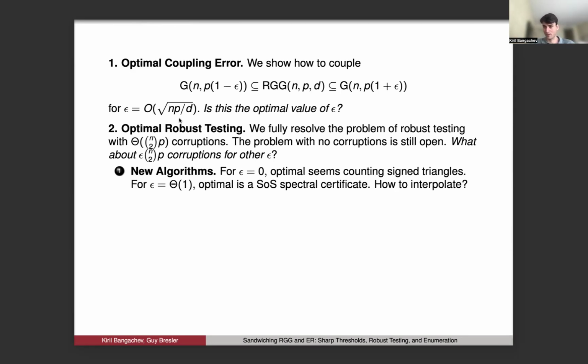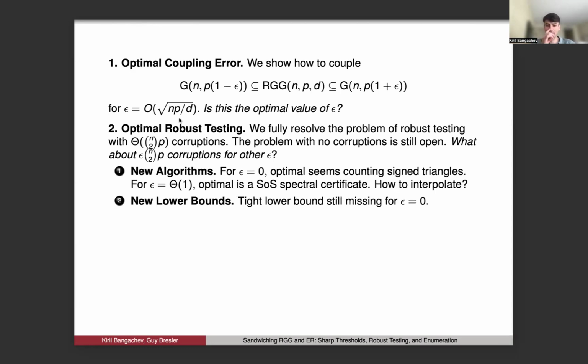But how do we interpolate between those? What if epsilon is 1 over square root n, for example? Likewise, we expect that also new lower bounds will be needed, in particular because we don't even know how to prove the tight lower bounds when epsilon is zero, in the case of no corruption. So we expect that somewhere in between we also need new lower bound techniques.